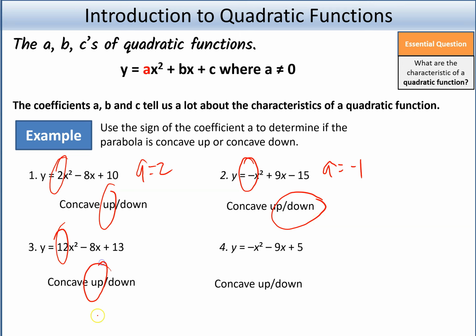This would be concave up because our a is equal to 12, and this would be concave down because the value of a is equal to -1. So that's one of the first characteristics you can pick up on a quadratic function, whether or not it's concave up or concave down, just by looking at the coefficient on the variable x squared.